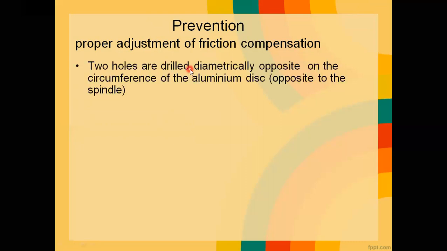Two holes are drilled diametrically opposite on the circumference of the aluminum disc. Let me draw. If this is the aluminum disc, this is the shaft. Now we need to drill holes diametrically opposite on the circumference. That means to this end and diametrically opposite.